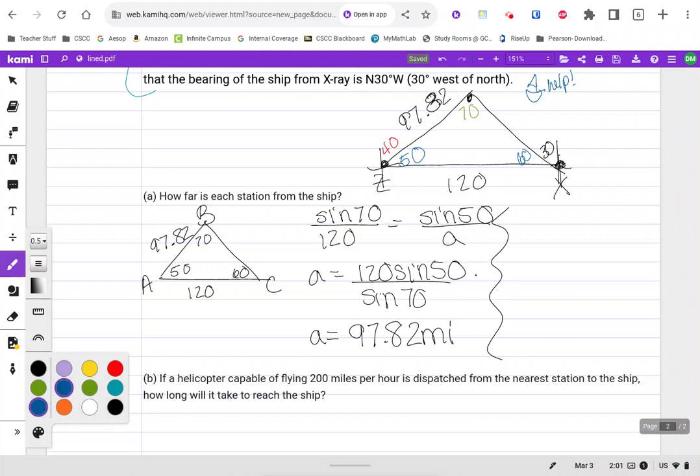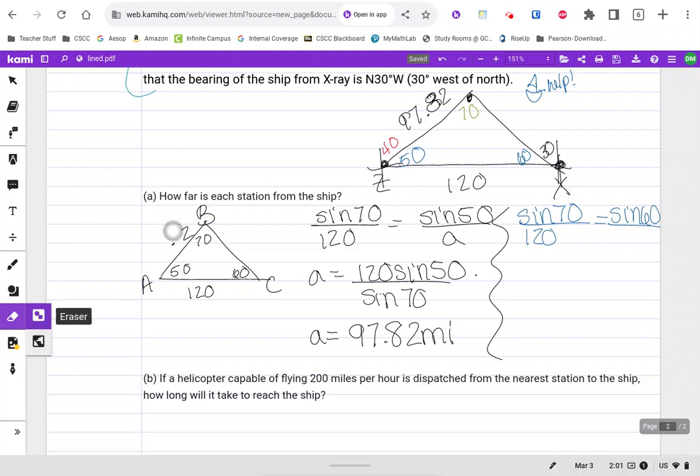Now the last part is sine of 70 over the 120 equals sine of 60 over, oh, I wrote them in the wrong spot. That's not 97.